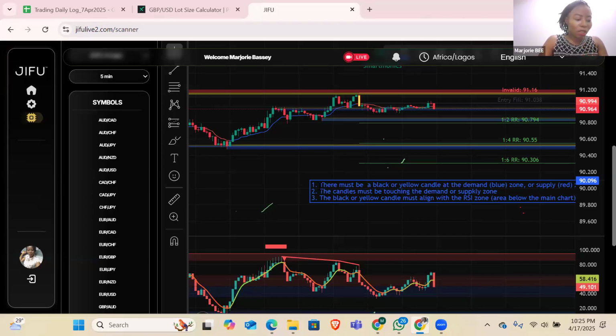It must align with the RSI zone, and it should also be in the same direction as your trade. Either the red zone for a sell or the blue zone for a buy.